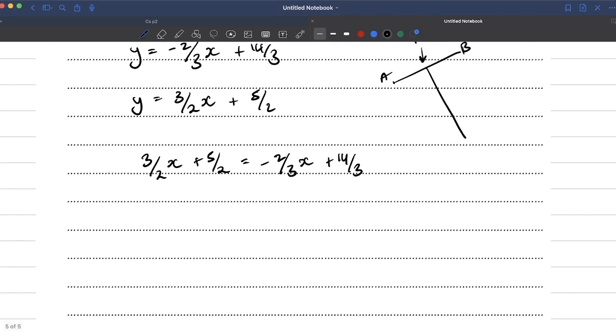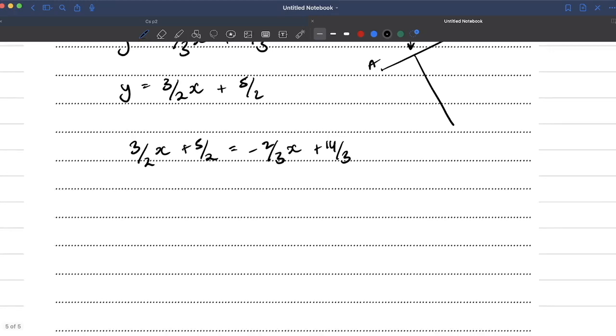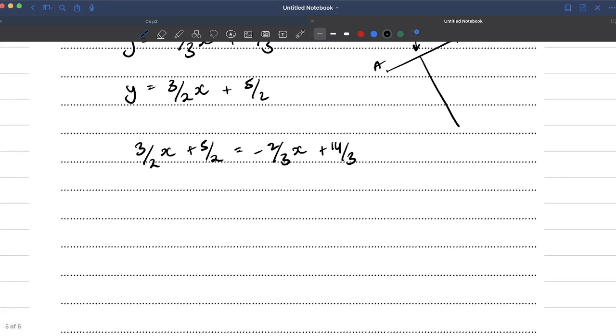Now I take the 2 over 3x to this side, and the 5 over 2 to the other side. So 3 over 2 plus 2 over 3 gives us 13 over 6x, which is equal to 14 over 3 minus 5 over 2, which is also 13 over 6. So x is equal to 1.